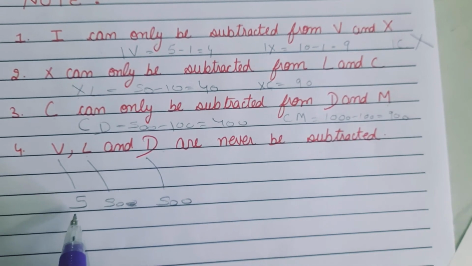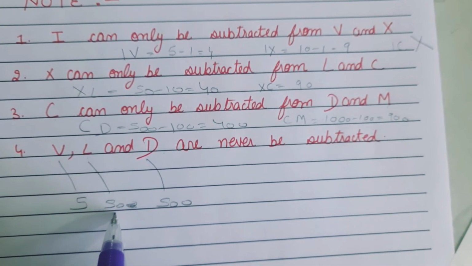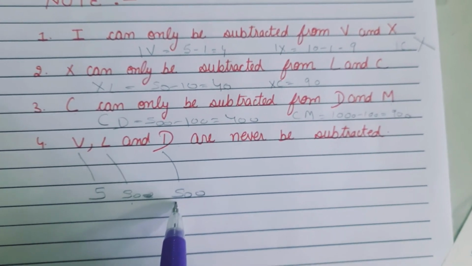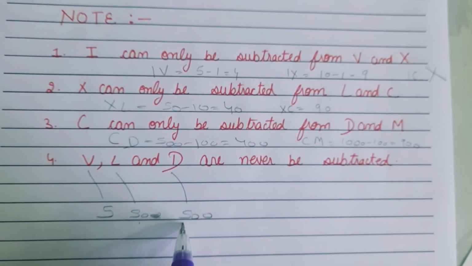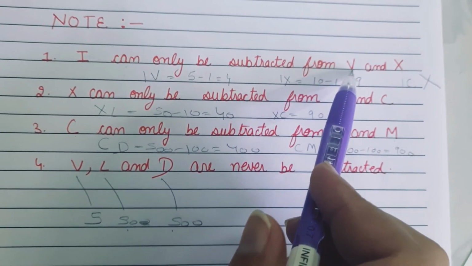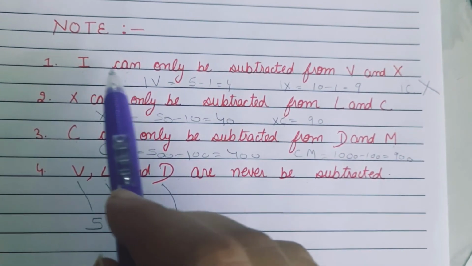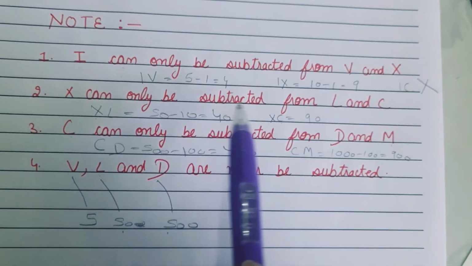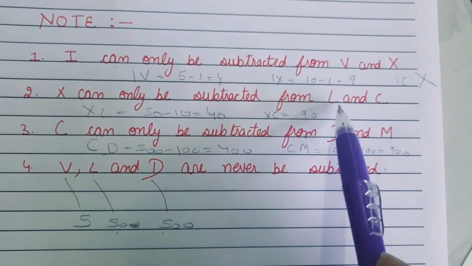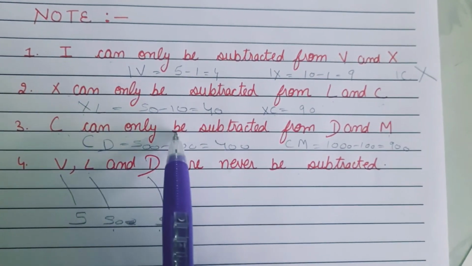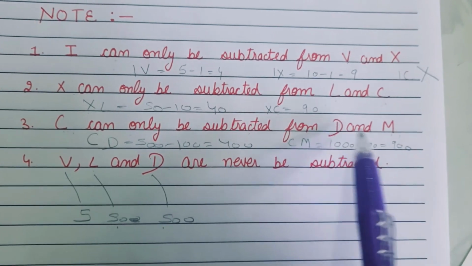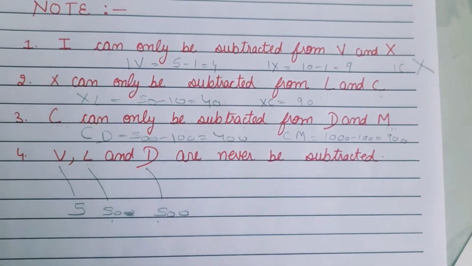The numbers which start with the digit 5 can never be subtracted from any number. Again, I can only be subtracted from the V and X, which come after the I. X can only be subtracted from the L and C. X is 10, L and C are 50 and 100, and C can only be subtracted from the D and M. C is 100, D is 500 and M is 1000.